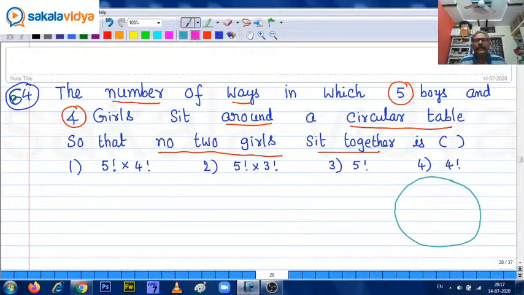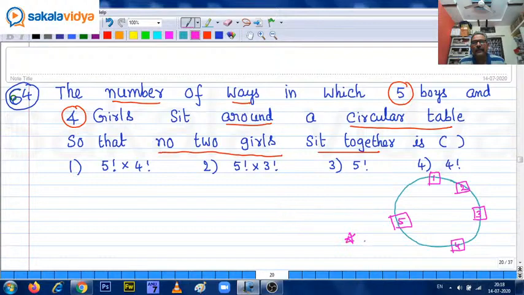So now we need to arrange first the 5 boys: boy 1, boy 2, boy 3, boy 4, boy 5. This is first boy, second boy, third boy, fourth boy, fifth boy.